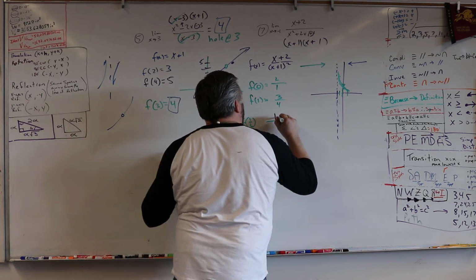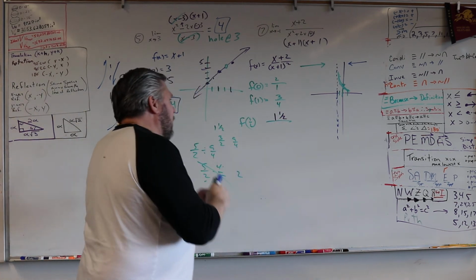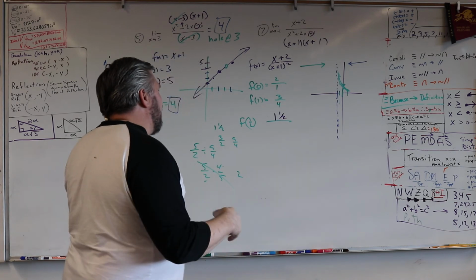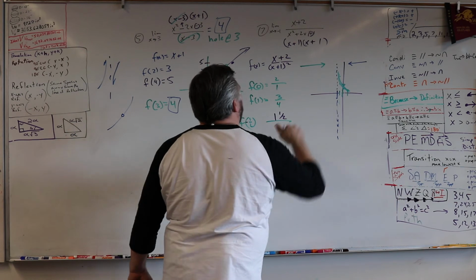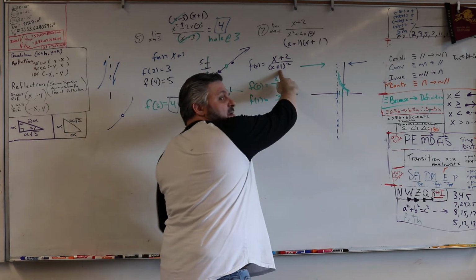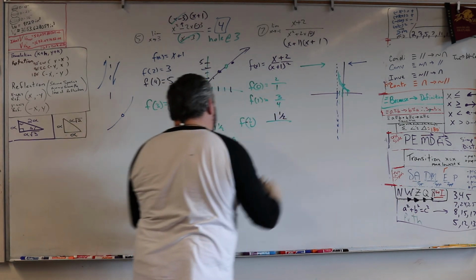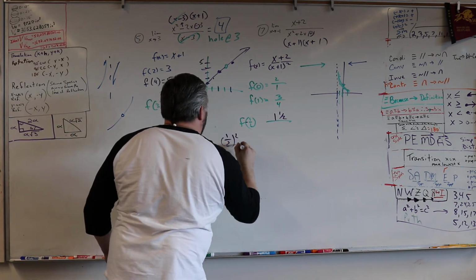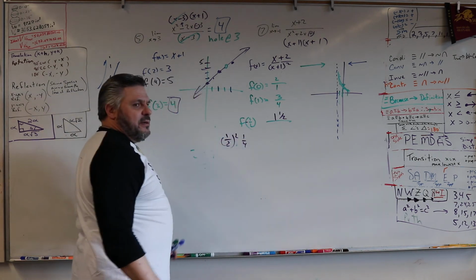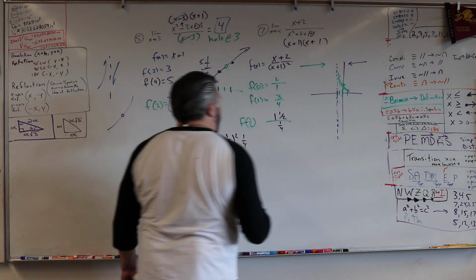So that's 1.5. Now what happens when I plug in negative 1/2, not a half? That means this is going to be a half, and a half squared is 1/4, right? So this is divided by 1/4.